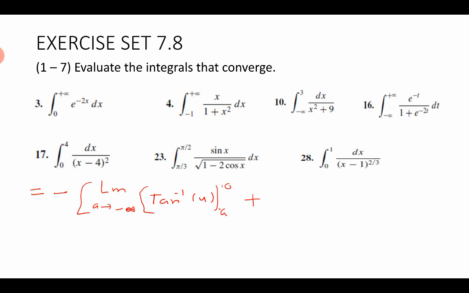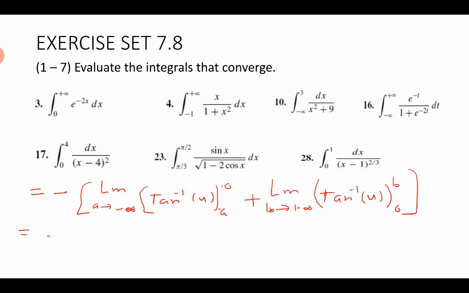Second part is limit b approaches positive infinity, tan inverse u, and the limit is 0 to b. That's all. When you simplify this one, you get the answer.